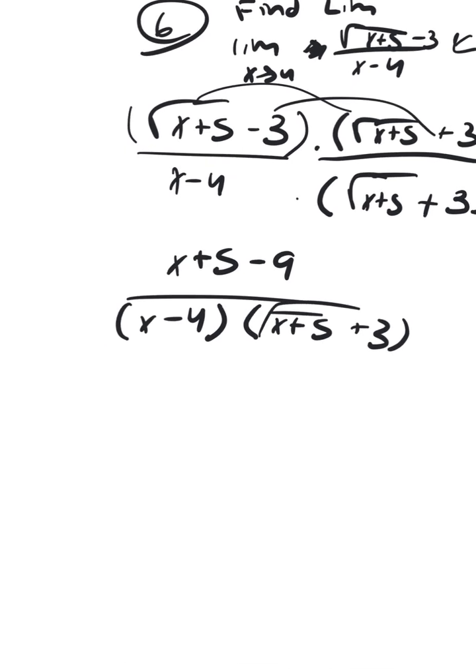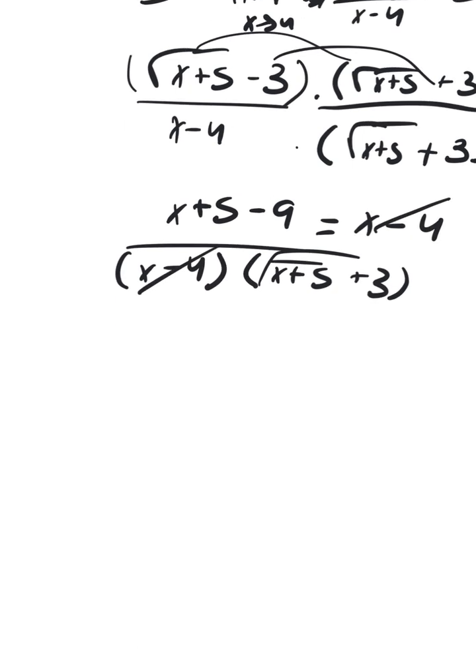Combine like terms on the top, and we find out that it is x minus 4. So taking out this, we're left with 1 over x plus 5 plus 3.